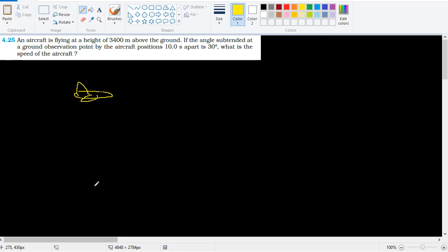So you are seeing it from here. Let's say you are standing here. So this height is 3,400 meters above the ground. If the angle subtended at a ground observation point by the aircraft positions 10 seconds apart is 30 degrees.